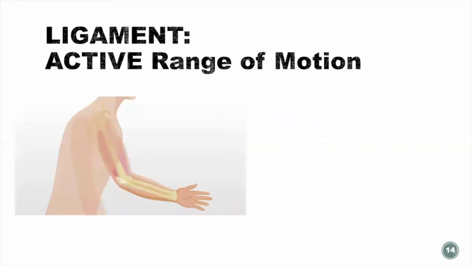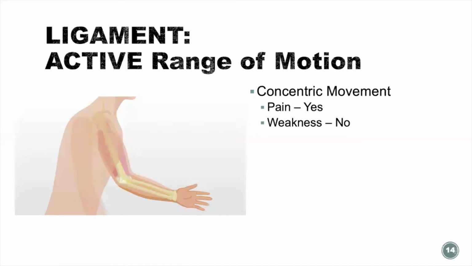Next, we're going to take a look at ligament injuries. And we're going to start off with our active range of motion. So let's say we've got a ligament injury in our elbow right here, but we're still just trying to test to find out where this injury might be. So when we are looking at the concentric motion, yes, there will be pain associated with it. And that's going to actually be in both directions.